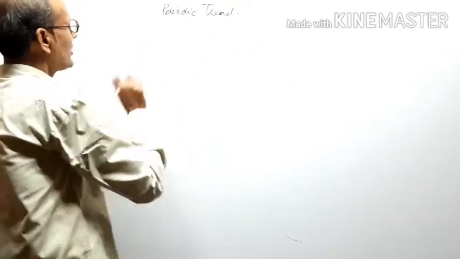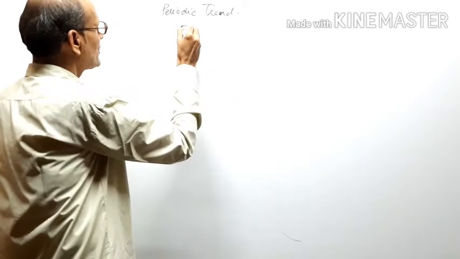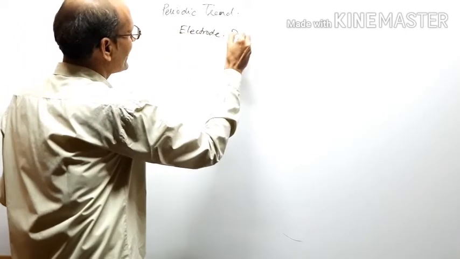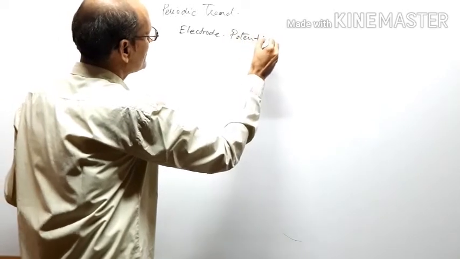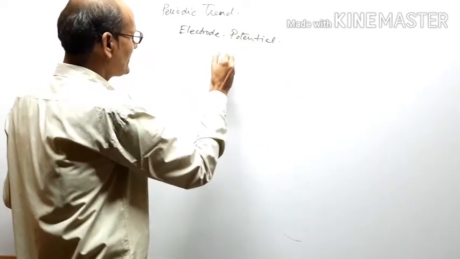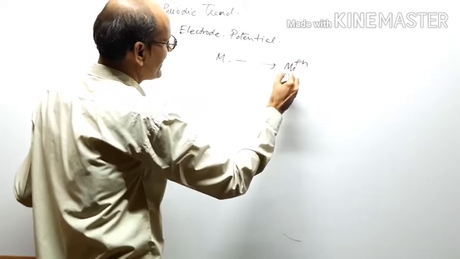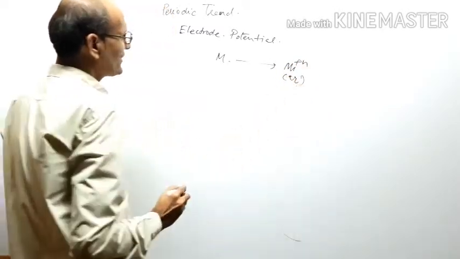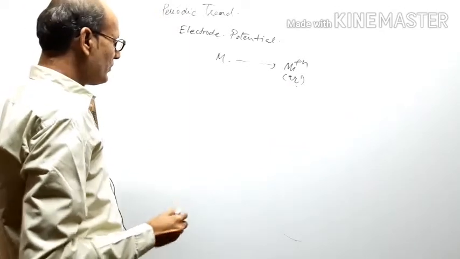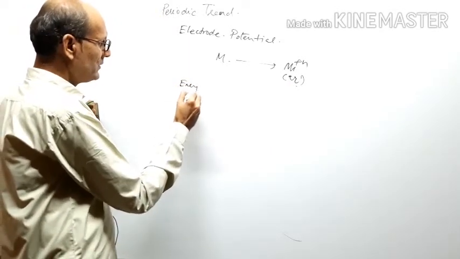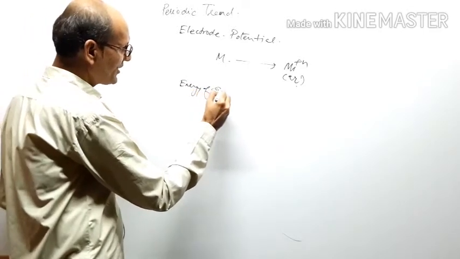When any metal is converted into metal ion, aqueous, it requires three types of energy. Number one, energy that is called energy of sublimation.